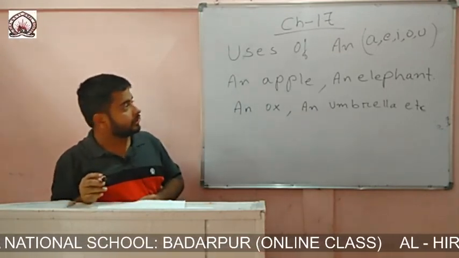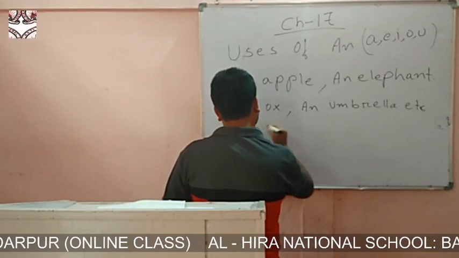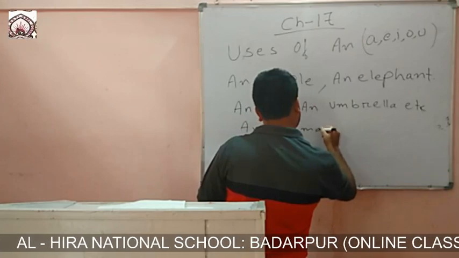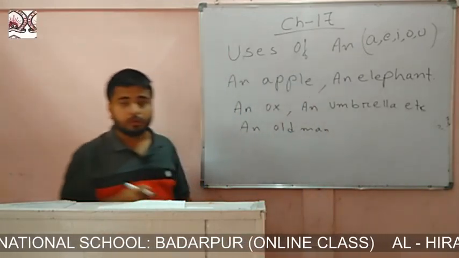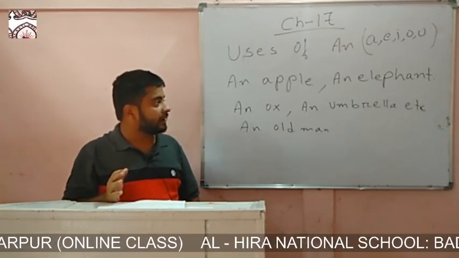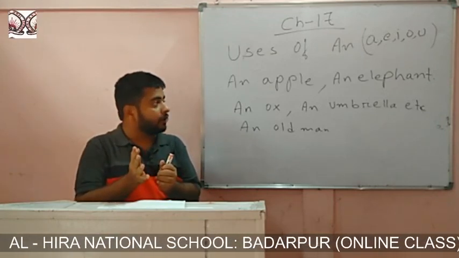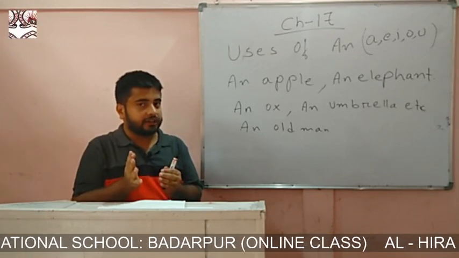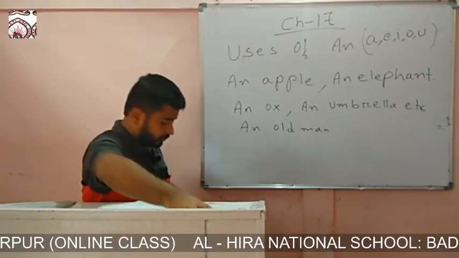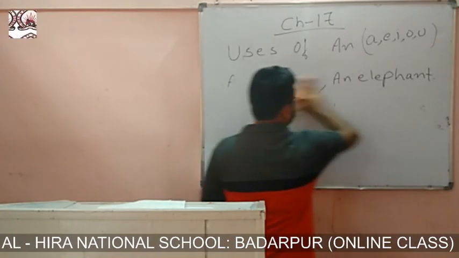Hope you have understood. Another example, an old man. Here O sound is coming, which is vowel. So always we should check, if a word is given, whether the sound is vowel or not. If it is vowel, then we will write an. If it is not vowel, then we will write a. Always we should remember that. So with an example, let me explain to you.